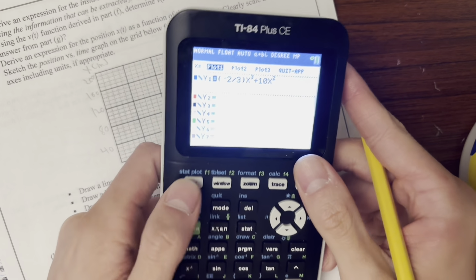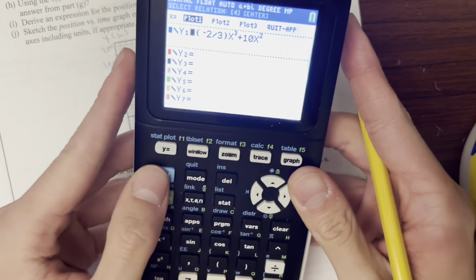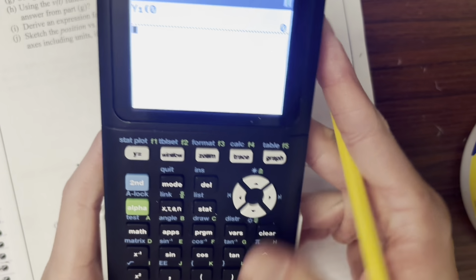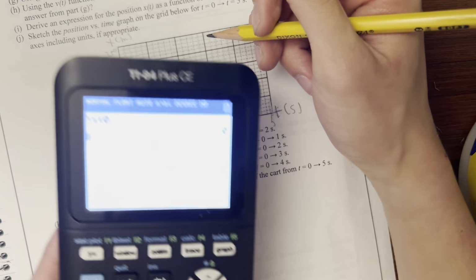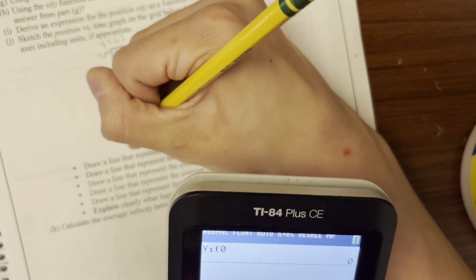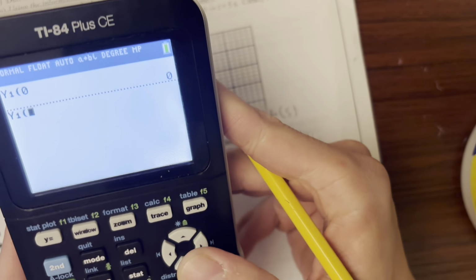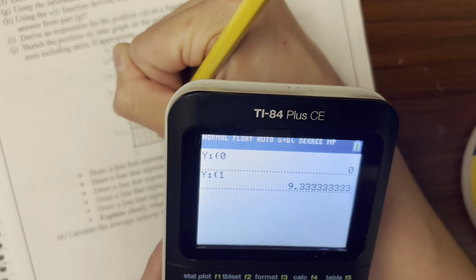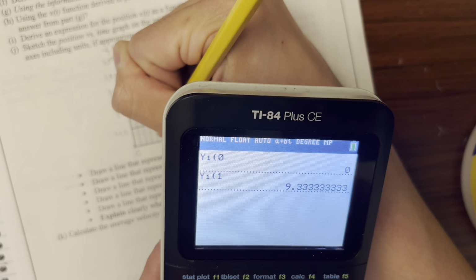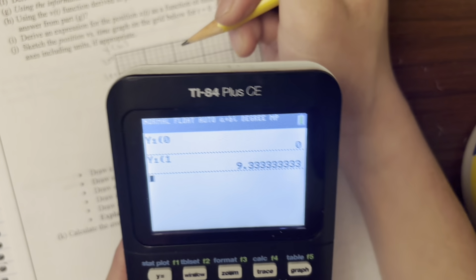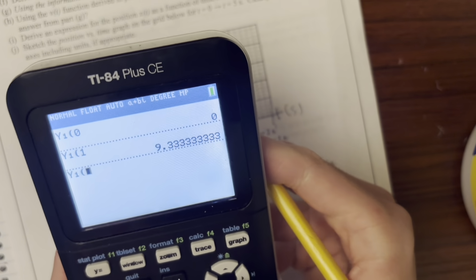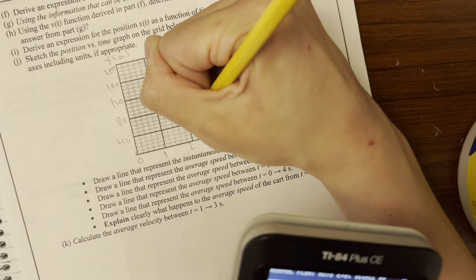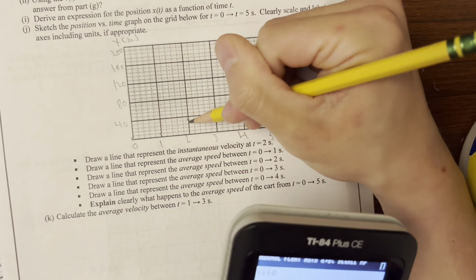So my y1 is x of t already. So I'm just gonna check each value of the point. So the initial is 0. And the first one is at 9.33. So I could put it safely around here-ish. Then at 2, it's at 34, so it's about here.